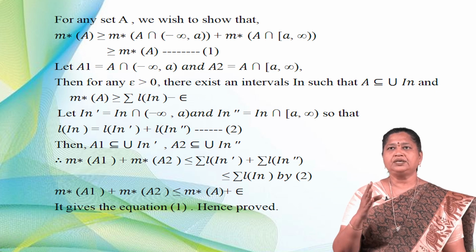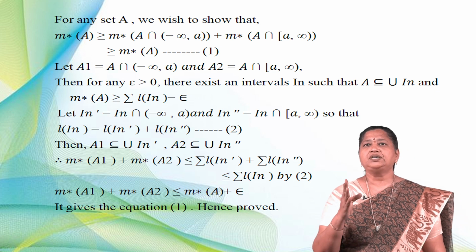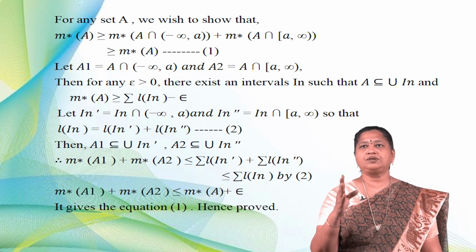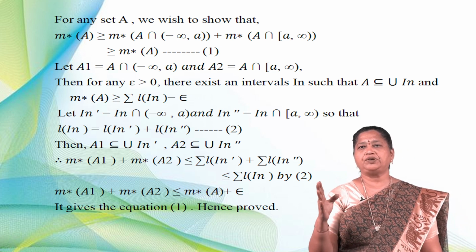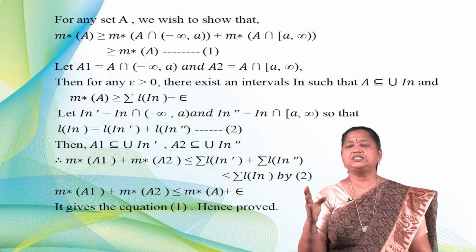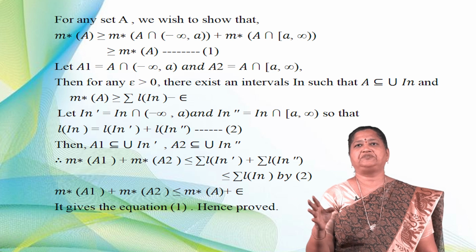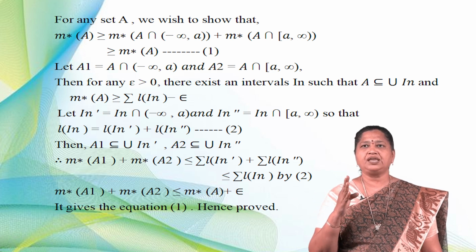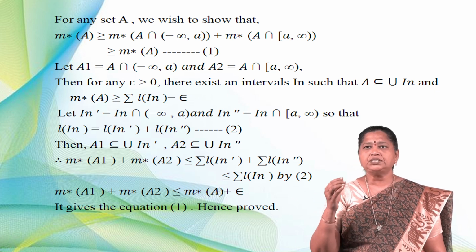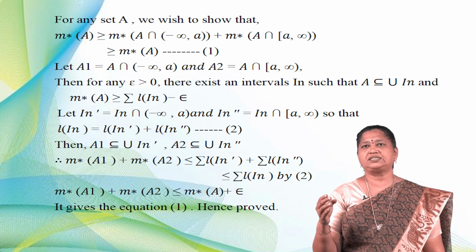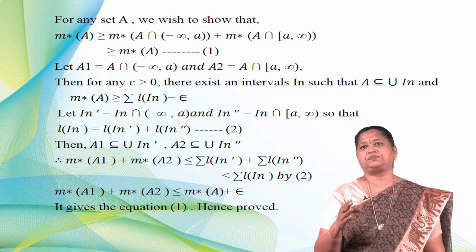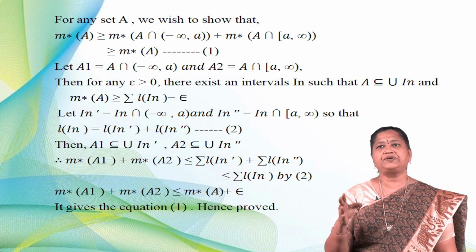So, A1 and A2 you will derive. A1 is A intersection (minus infinity, a), and A2 is equal to A intersection half open interval (a, infinity). Then for any epsilon greater than 0, there exists a collection of intervals I_n such that A is a subset of the collection of I_n.